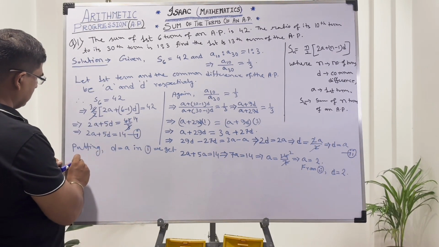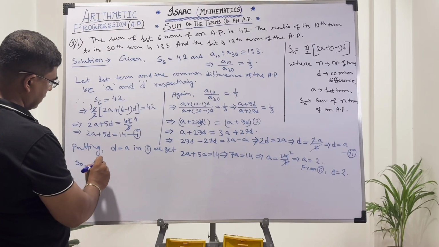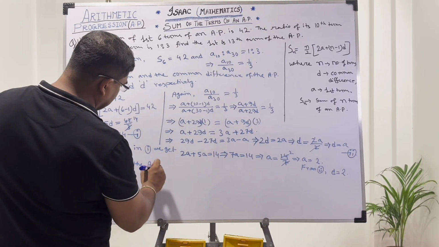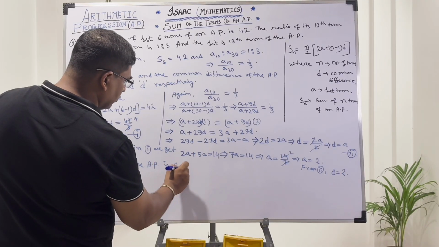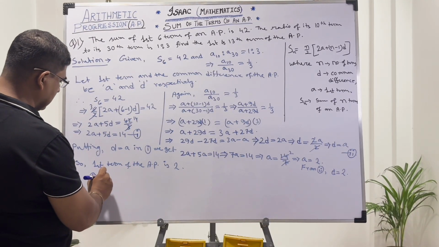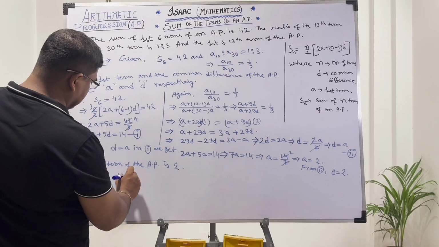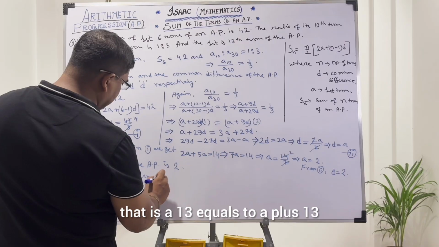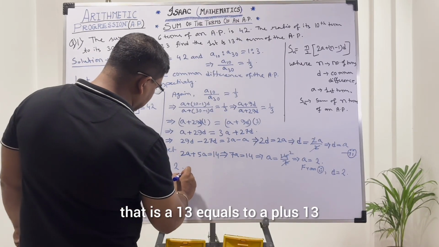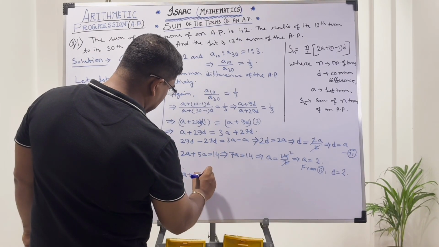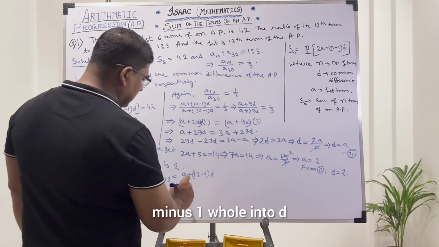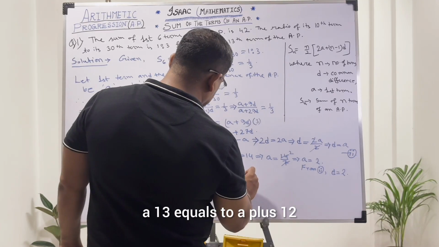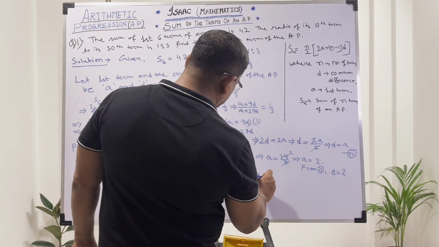So the first term of the AP is 2, and the 13th term, that is A13, equals A plus 13 minus 1 into D. This will give A13 equals A plus 12D.